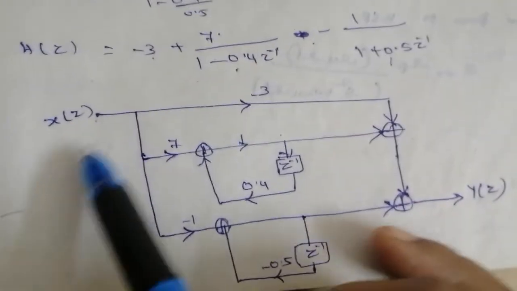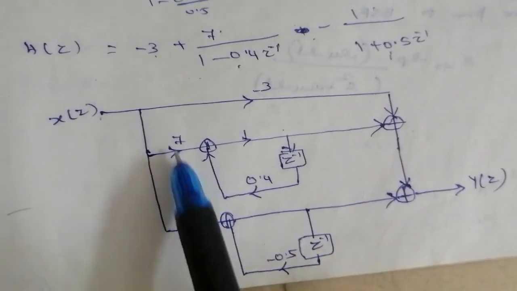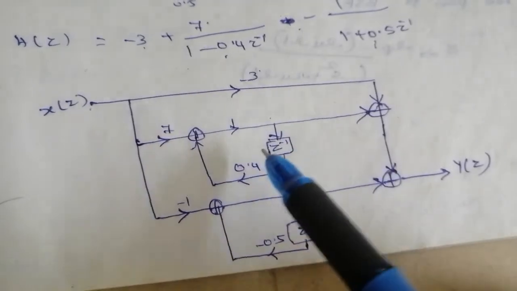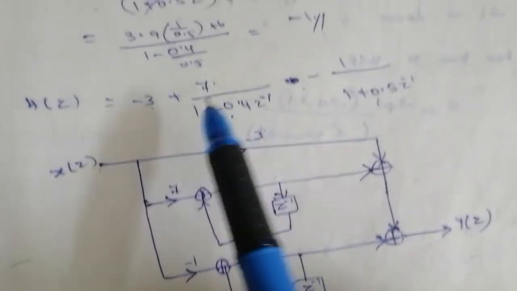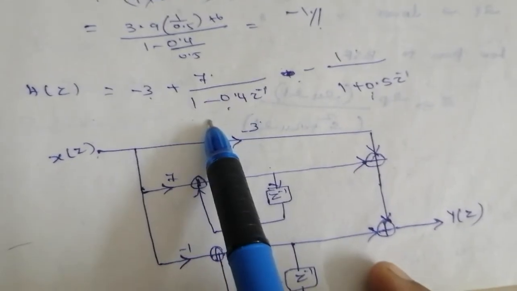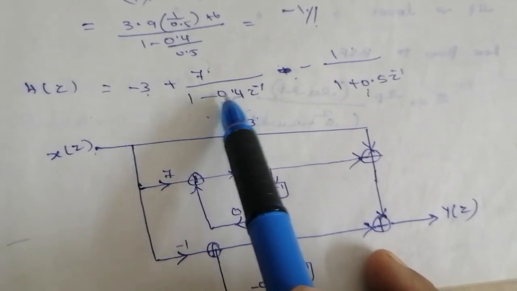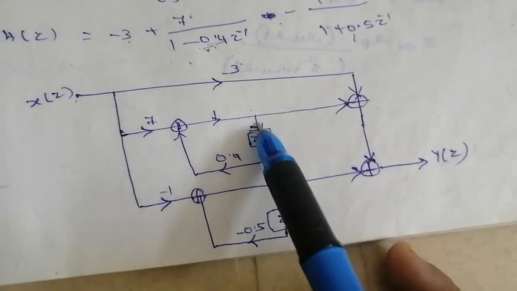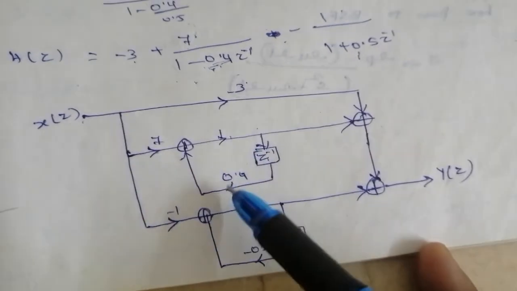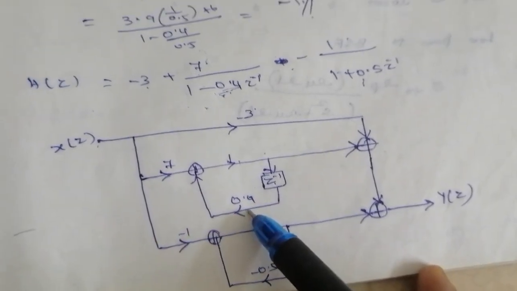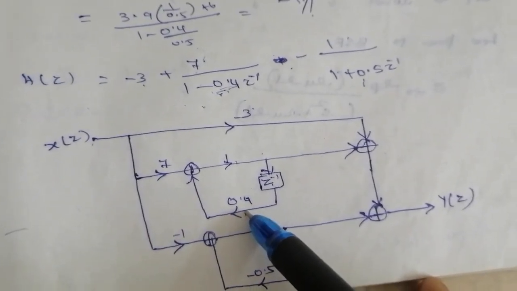So we know the general diagram of parallel form structure. Initially the constant value is parallel to H1 of z. H1 of z is nothing but 7 divided by 1 minus 0.4 z inverse. So 7 is b naught, and minus 0.4 becomes plus a1. So z inverse, b naught, a1 value, right?